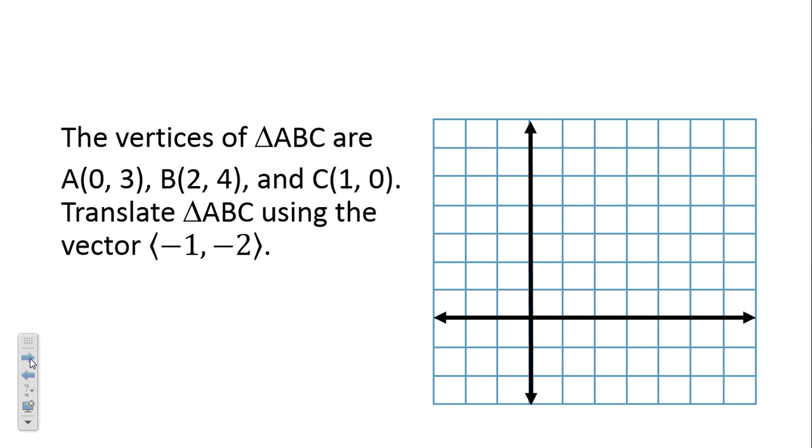Once you have your pre-image, I want you to make your new image, which is using the vector -1, -2. What does the vector -1, -2 mean? Left 1, down 2. So take every point, move it left 1 and down 2. Label those points A prime, B prime, and C prime.